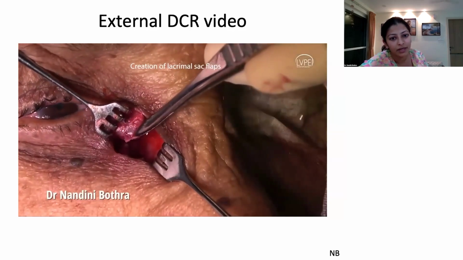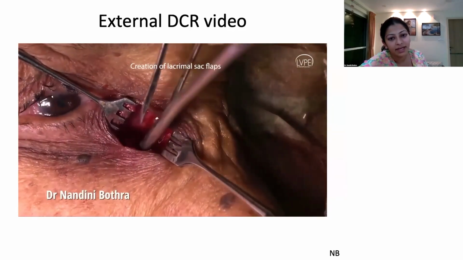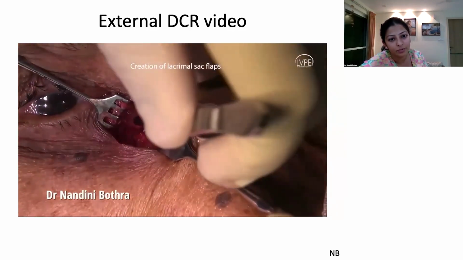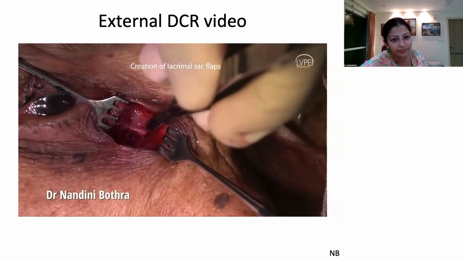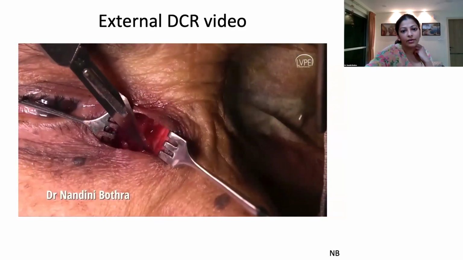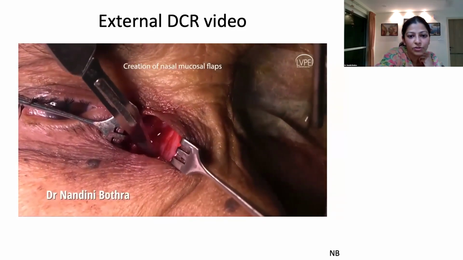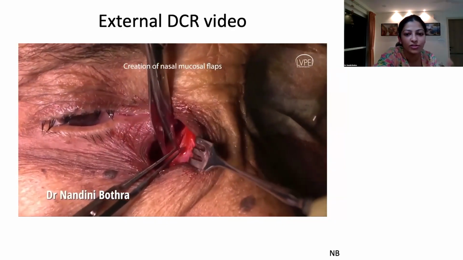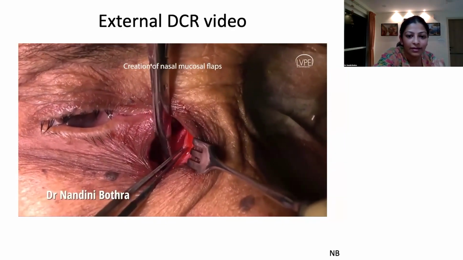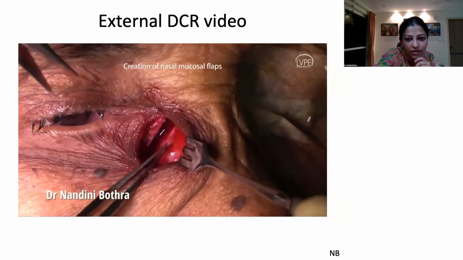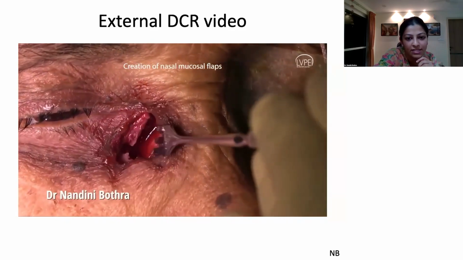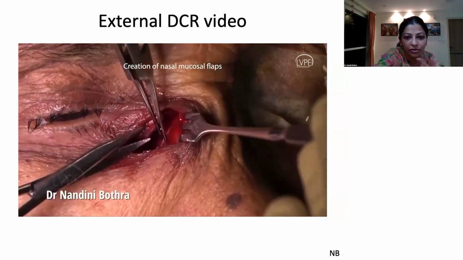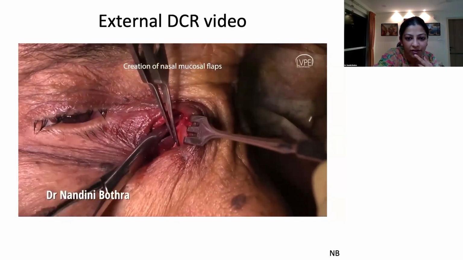So that is the anterior flap and then the posterior flap, right? Now in a similar way, we will take a nasal mucosal incision using a number 11 blade. Be careful not to take the incision onto the septum. And then once you've made that initial cut, you use your conjunctival scissors to make the horizontal cut superiorly, inferiorly.